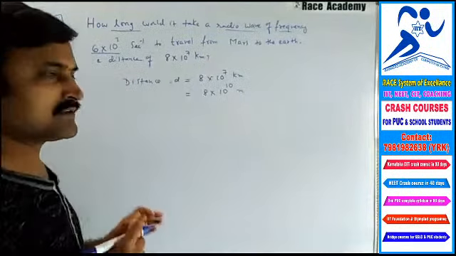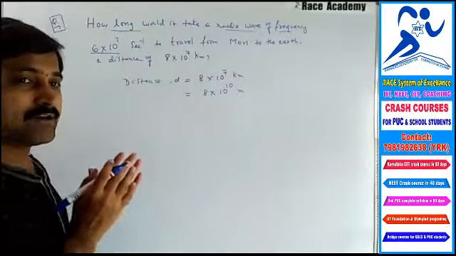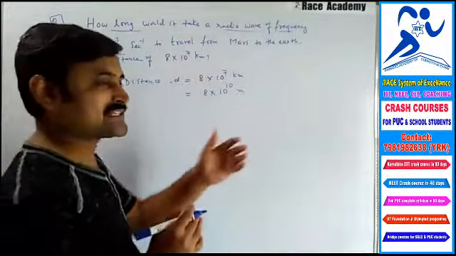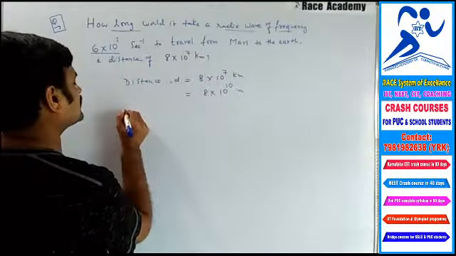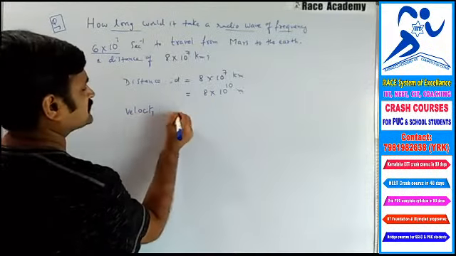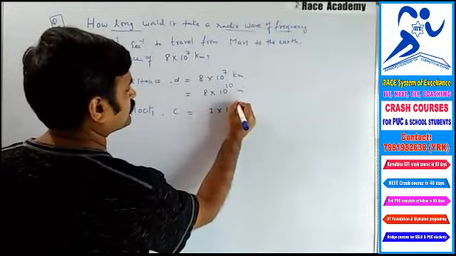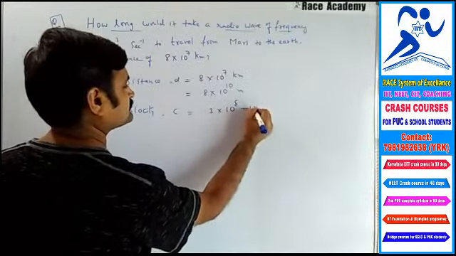This is very clear. But we know that the velocity of electromagnetic waves is equal to the velocity of light. That means the velocity is equal to 3 into 10 to the power of 8 meter per second.